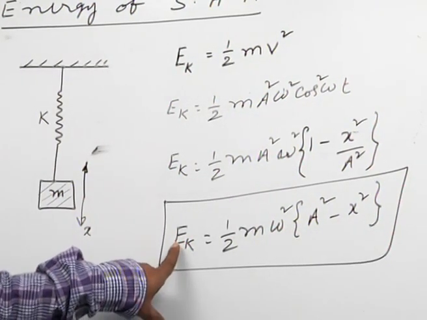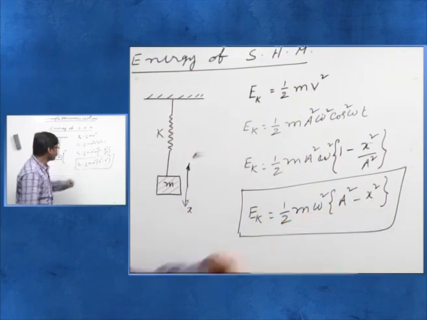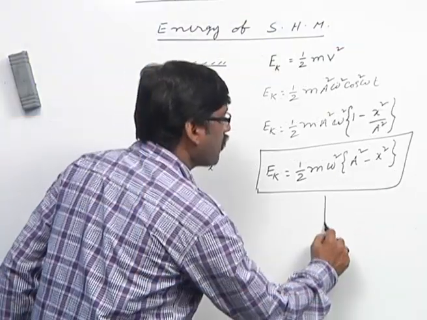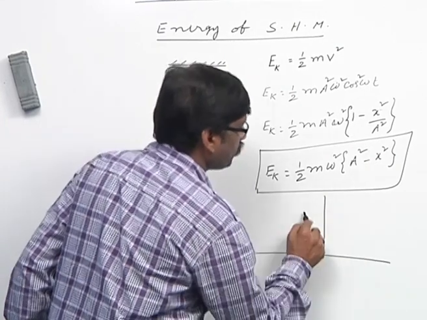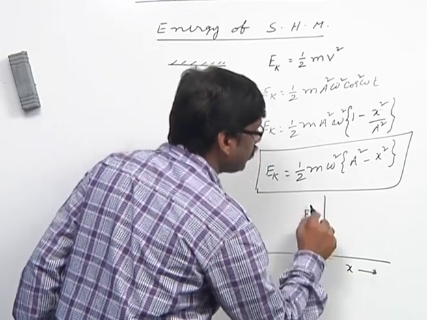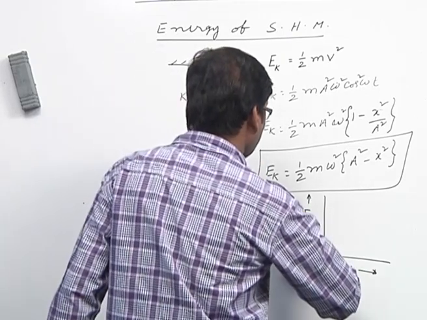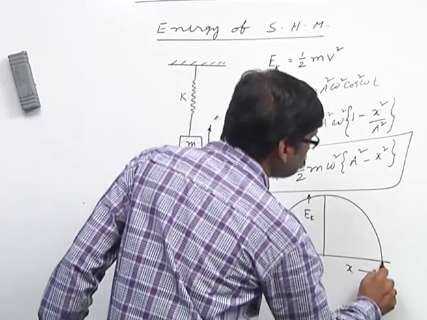So, the kinetic energy is a function of x square. That means, if I plot a graph of kinetic energy versus displacement, it is a parabolic function, like an inverted parabola.